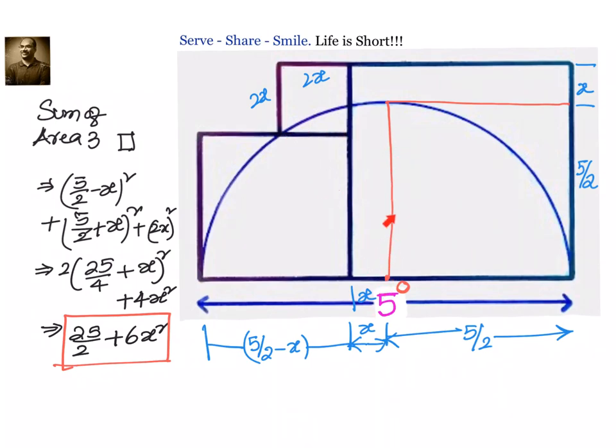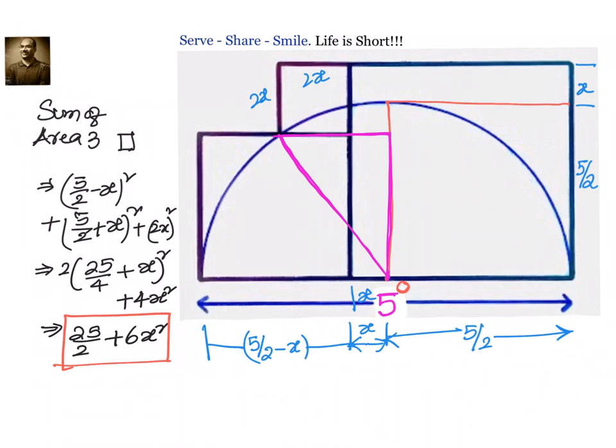Let me show that to you. So we can leverage that right angle triangle, then we can easily find the value of x. Once we get x, we are done with the problem. So let me join the center of the semicircle to this particular point and form a right angle triangle there. So this is the right triangle I am talking about.